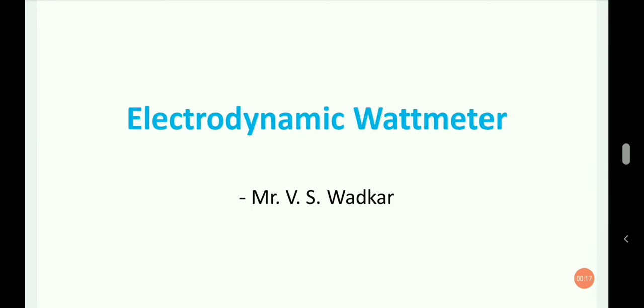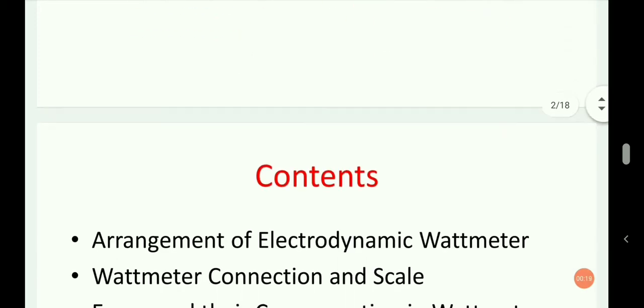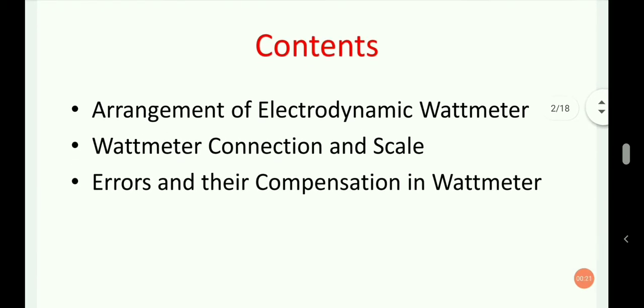Regarding this electrodynamic wattmeter, we have already seen the arrangement of electrodynamic wattmeter. In that, we have seen the arrangement of current coil as well as pressure coil, and then the modified arrangement. Then we have also seen wattmeter connections and scale.